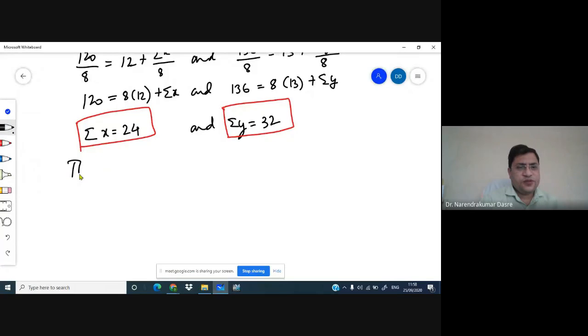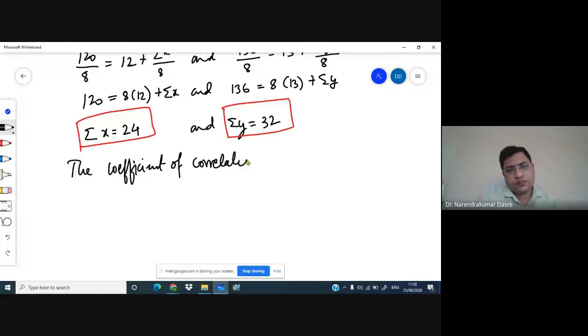So we can write the coefficient of correlation between x and y. What is the formula?